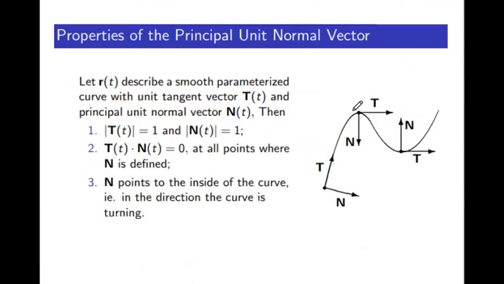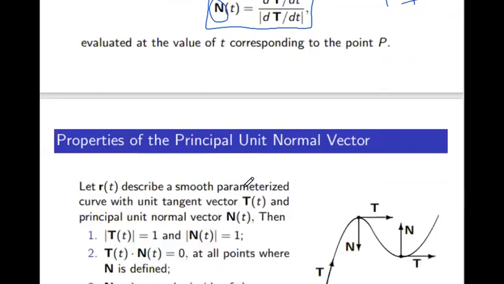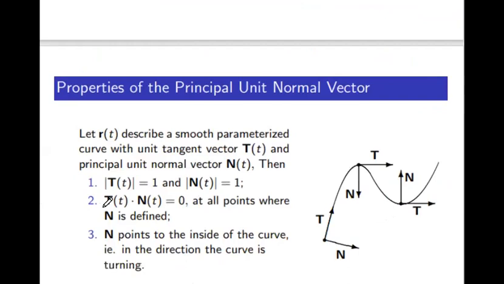So N and T are perpendicular to each other. The magnitude of T is one, which is the unit tangent, and the magnitude of N is also one, the way we define N. They are perpendicular because the dot product is zero.